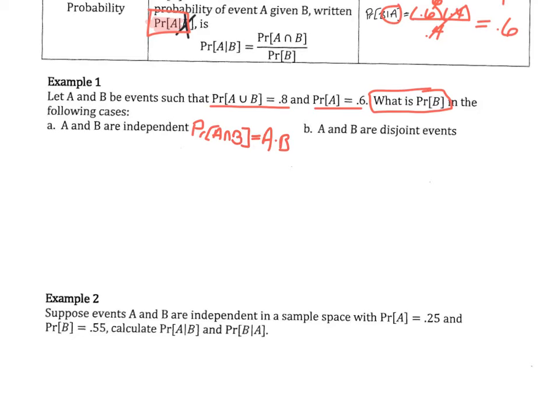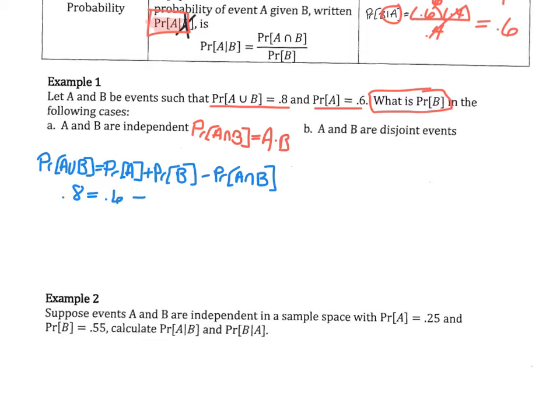Now, there's an equation we learned in the last section that looks like this. Since it gave me A or B as 0.8 and A as 0.6, I'm just going to write B from now on. I can figure out the rest by saying, since this part here is satisfied by taking A times B, I can combine these like terms now, and it doesn't matter that I don't know it, I can find it.